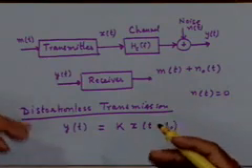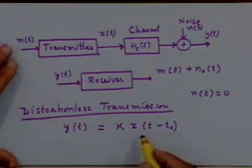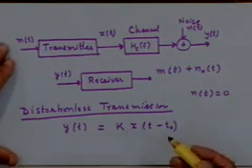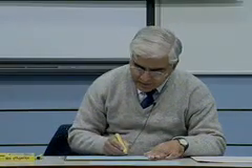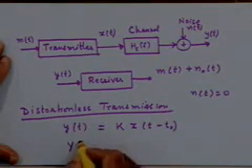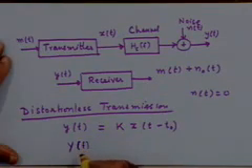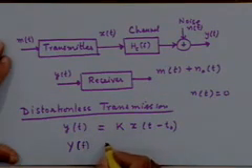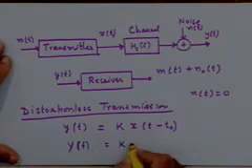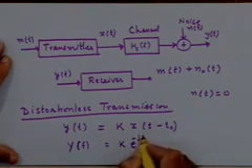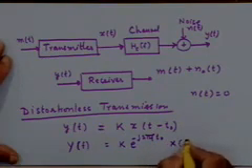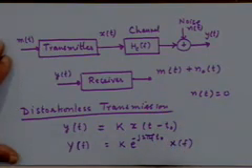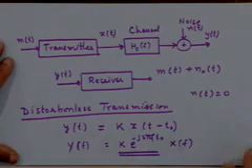Now let's look at this effect in the frequency domain. What are the characteristics of the channel for distortionless transmission? If you were to express the same relationship in the frequency domain, this would be Y(f) equal to k times e to the power minus j2 pi f t0 into X(f). So what are we saying about the transfer function Hc(f)?